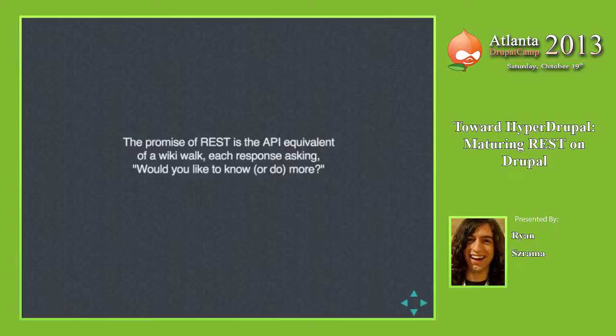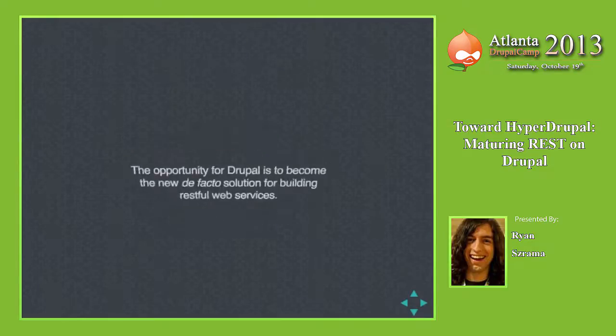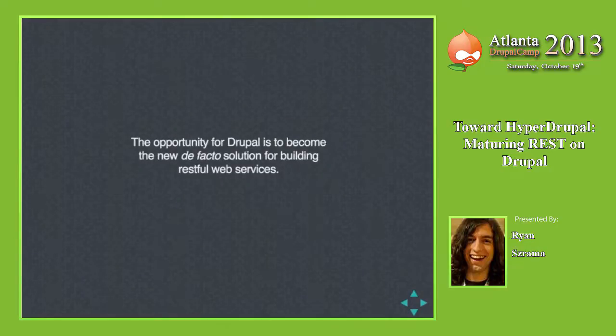That'd be fantastic, and Drupal could be a part of leading the way toward that because the opportunity for Drupal 8 is to become the new de facto solution for building RESTful web services, because out of the box, you're getting the REST module, you're getting content modeling, you're getting authentication through user accounts and access control and all that stuff. Drupal could be the new platform to do that.